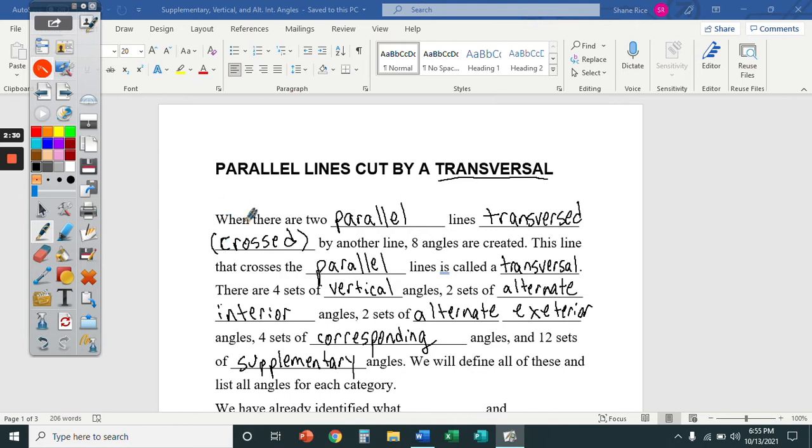So we've already talked about vertical angles and we've already talked about supplementary angles, and today we're going to add alternate interior angles. And I'm going to explain what all that means.